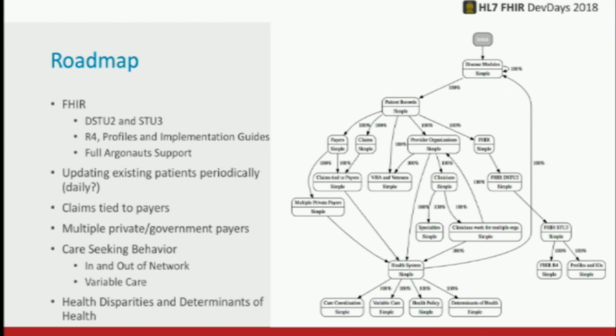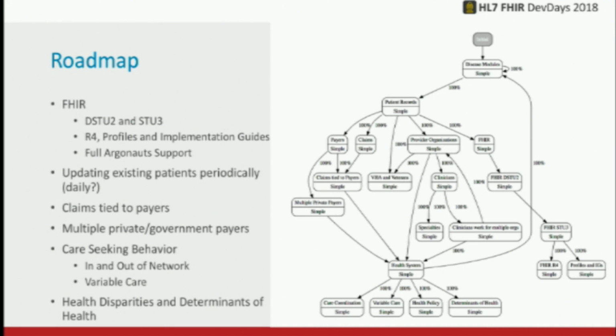Multiple private and government payers. So I mentioned we have different insurance companies. And so, we have private insurance, no insurance, Medicaid, Medicare, and dual eligibles. But it's just private insurance, like one giant monolithic category. We want to have different insurance providers who will cover different things with different explanations of benefits and different claims and different claim responses. And people will have different things that are in and out of network.